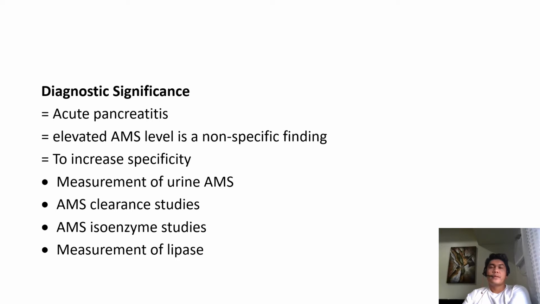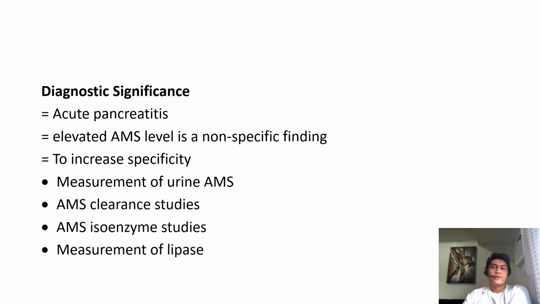But regarding amylase, an elevated amylase level is a non-specific finding, because there are a lot of sources of amylase. So to increase the specificity of amylase measurement, we need to perform other tests in order to support the findings about the amylase level.